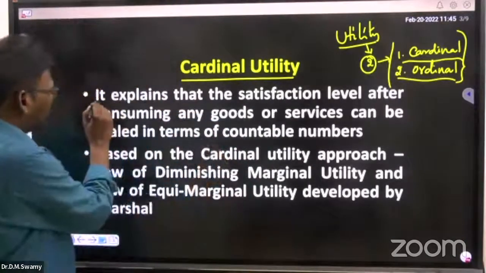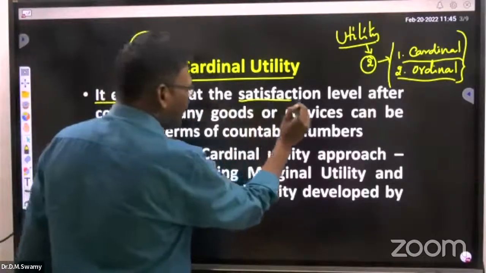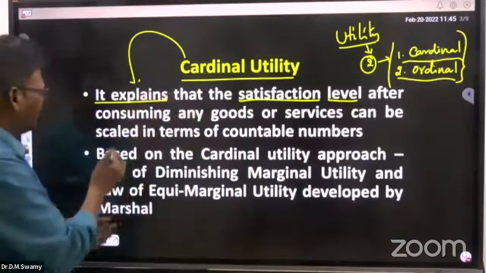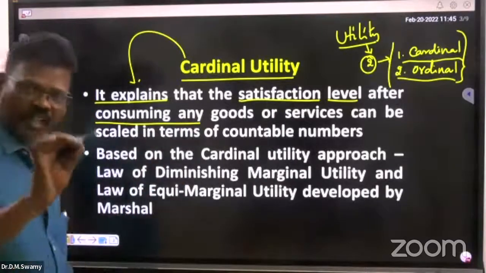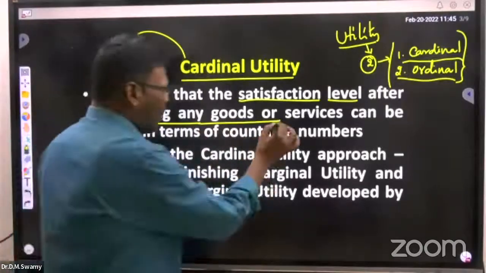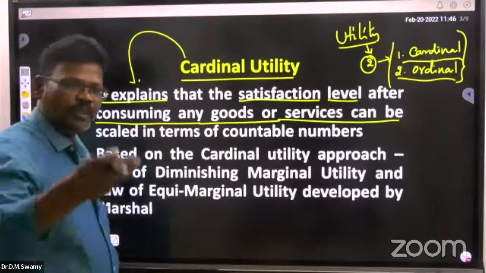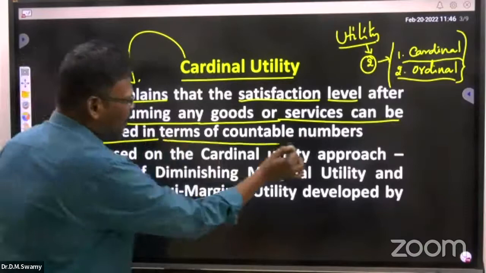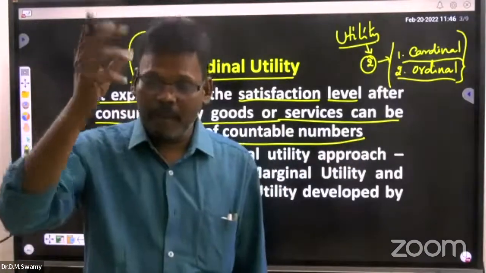For example, the cardinal utility explains that the satisfaction level after consuming any commodity or any service can be scaled in terms of countable numbers.